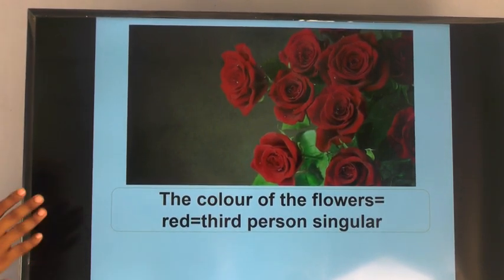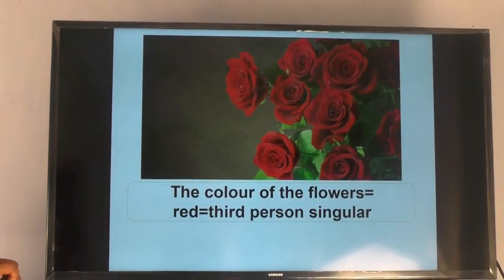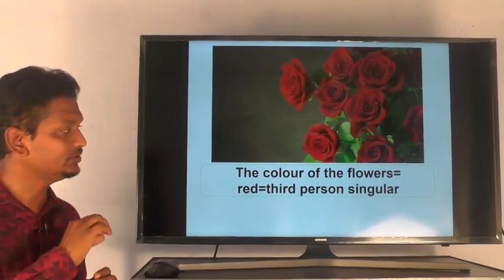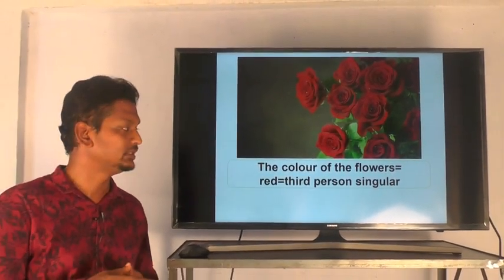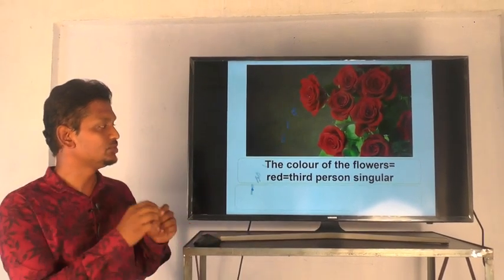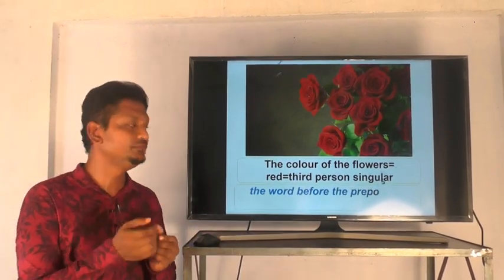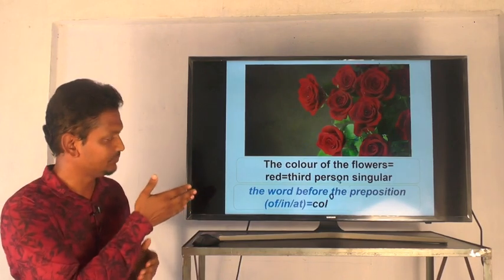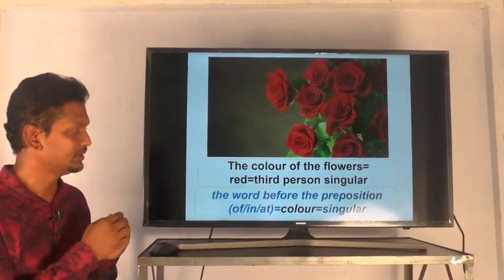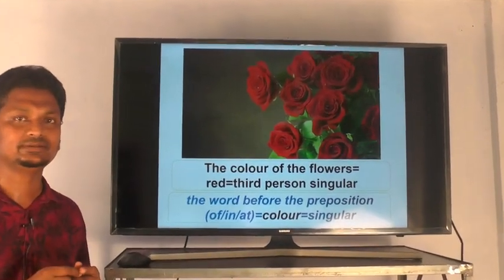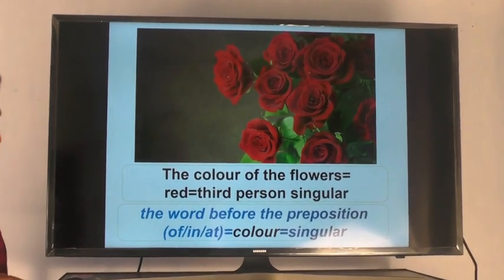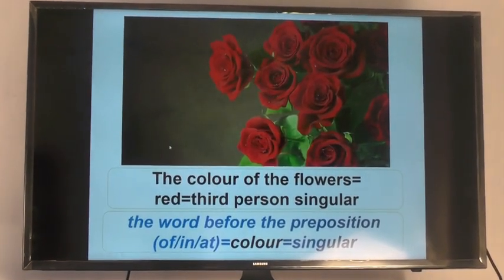So though flowers indicates a plural noun, the whole thing, the color of the flowers, is a singular one, and that is third person singular. So actually the most important thing is the word before the preposition like of, in, at. For example, here is color. That is the important thing. The word before the preposition will determine whether it is singular or plural.